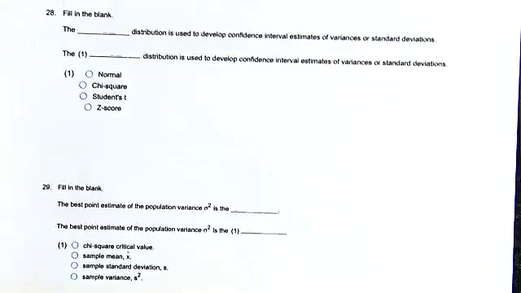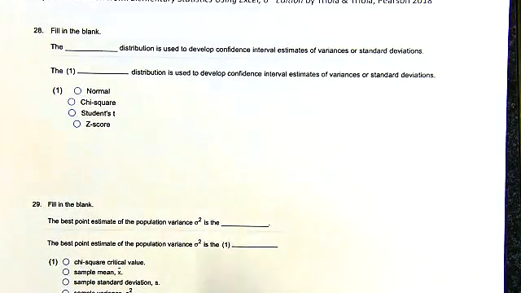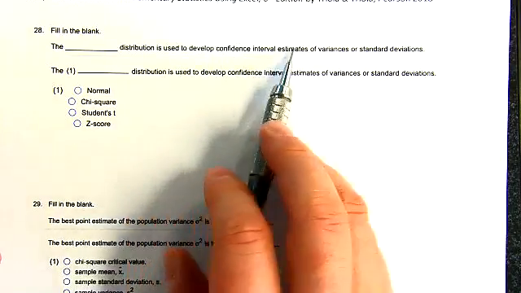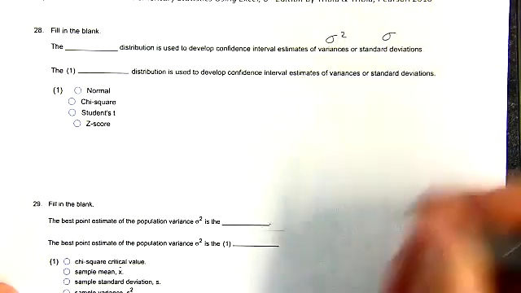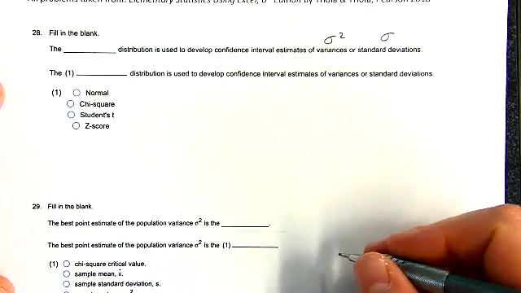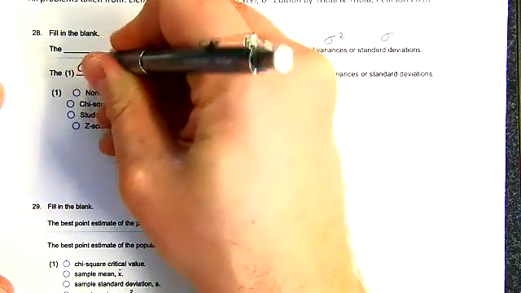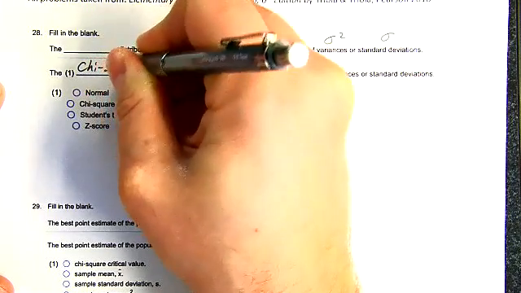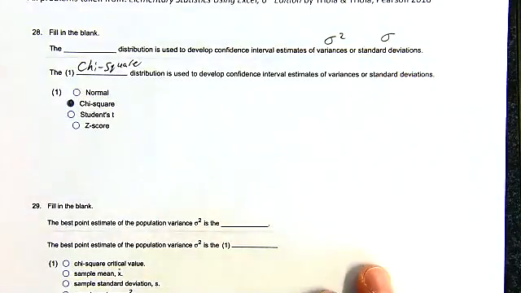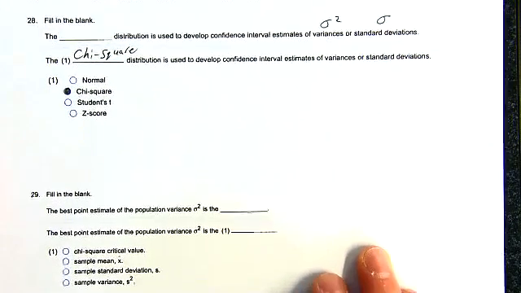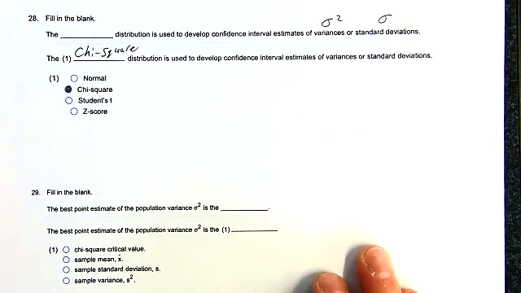Okay, for 28, fill in the blank. The blank distribution is used to develop confidence interval estimates of variances, which are sigma squareds, or standard deviations, which are sigmas. Well, what have we been talking about all day? It's the chi-square. 29, fill in the blank.